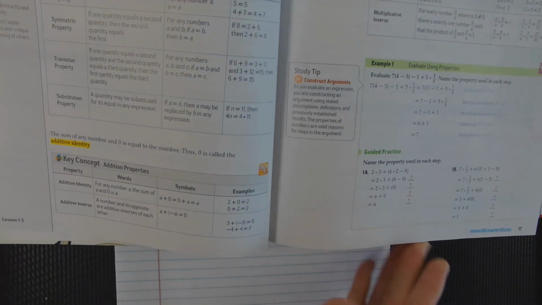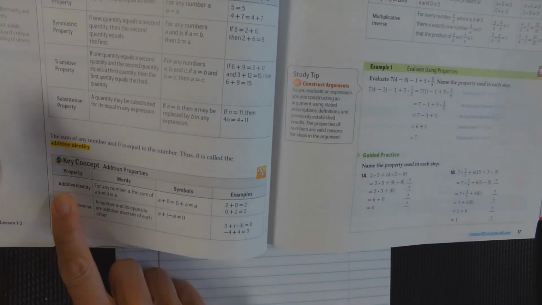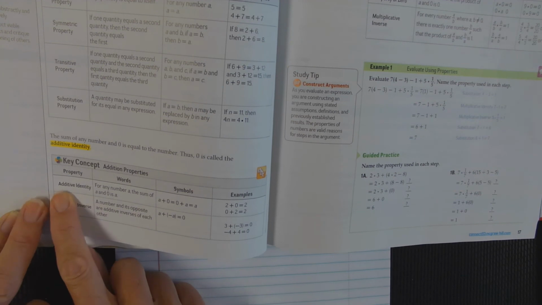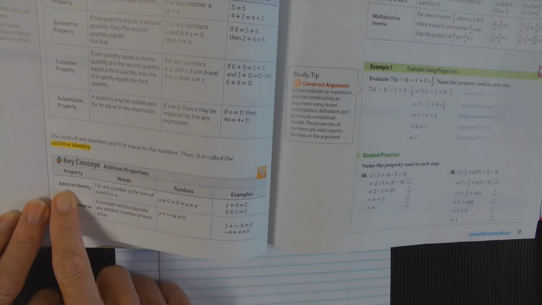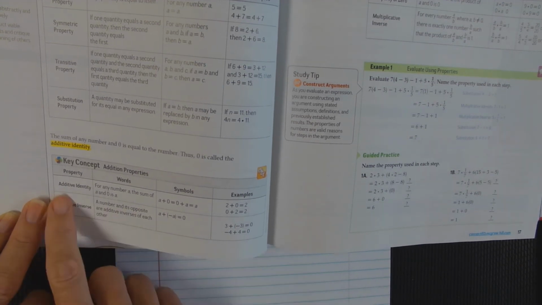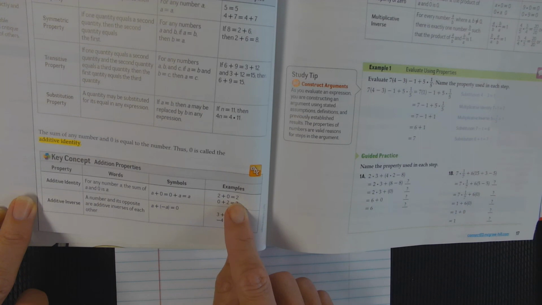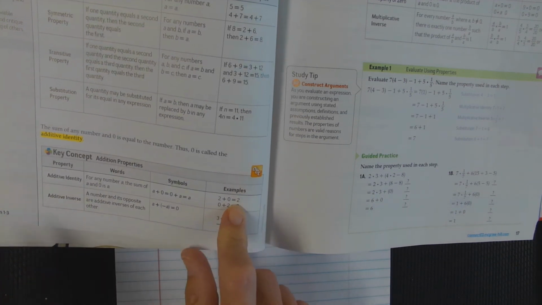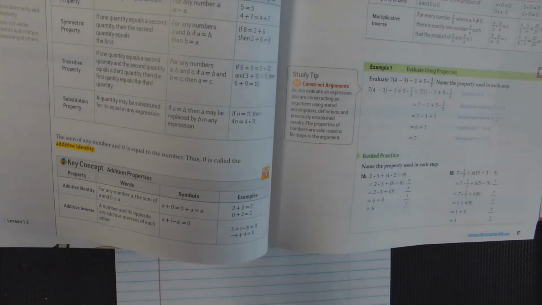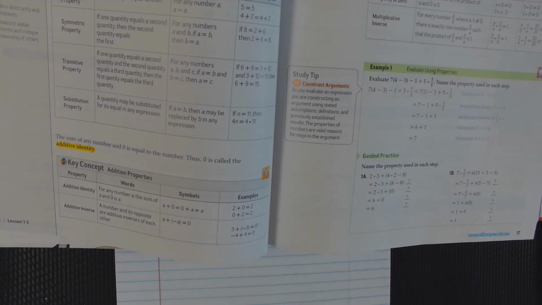There we go. All right, additive property. What word do you see right here? Looks like addition, right? Identity. Additive identity. If 2 plus 0 is always going to equal what, guys? 2. That is an addition example where it's going to equal itself. Any number plus 0 will be that number. You learned that in kindergarten. Okay?